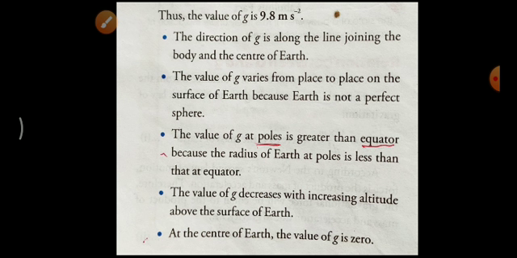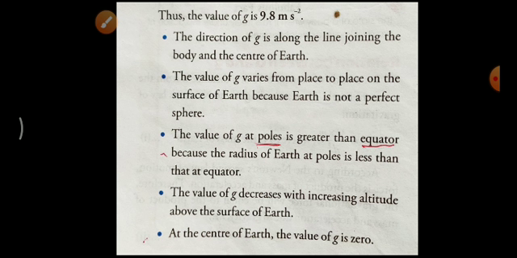The next one, the value of g varies from place to place on the surface of the earth, because the earth is not a perfect sphere, and the radius of the earth is not the same in all parts of the earth. Because of that reason, the value of g also varies from place to place.